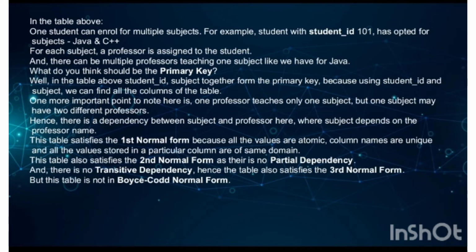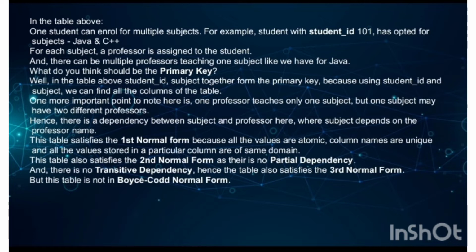For example, the student with student ID 101 has opted for subjects Java and C++. For each subject, a professor is assigned to the student, and there can be multiple professors teaching one subject, like we have for Java.